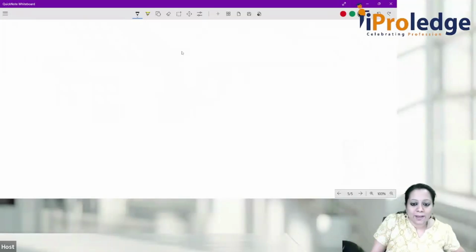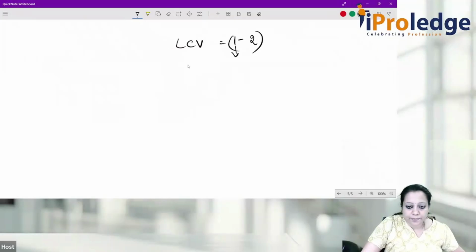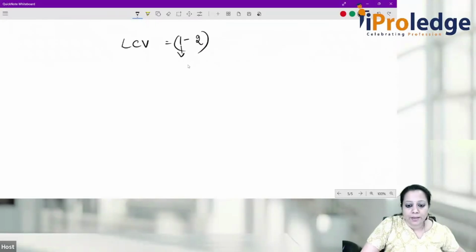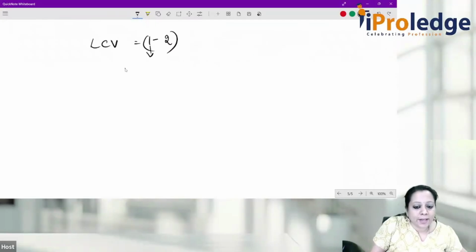Understood, students? So labor cost variance. We all know that it is nothing but 1 minus 2. Now this is going to be SH into SR minus AH into AR.